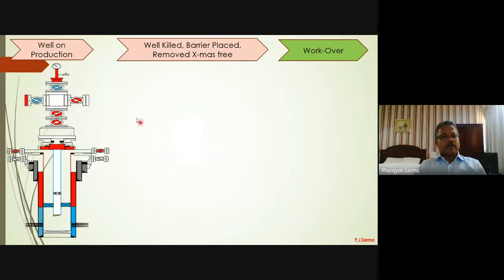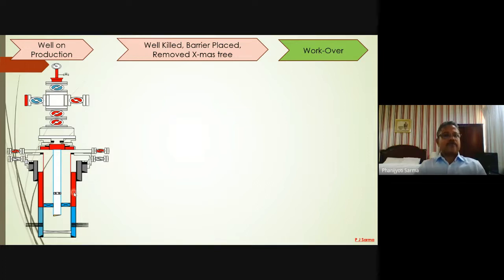Now, in order to carry out the workover, as I said, we are changing the barrier. So we are actually removing this barrier. If we remove this barrier, what will happen? It will produce, and this will be an uncontrolled flow to the surface.